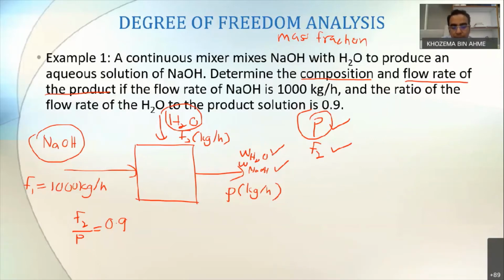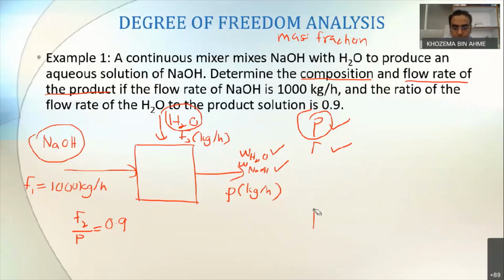So there must be a mass fraction for water and mass fraction for NaOH. So that is the other two unknowns that you don't know. In total, I have 4 unknowns.